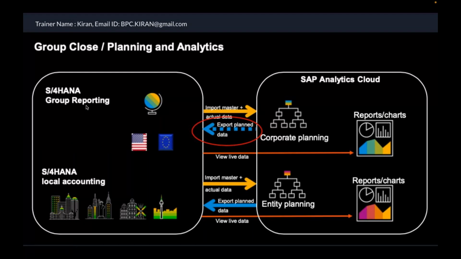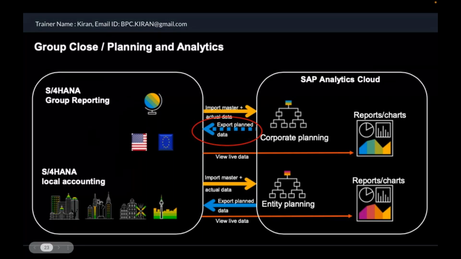Using group reporting, I can do the actual data consolidation. I can also perform plan data consolidation. In my universal journal ACDOCA table, I have actual data. I can release that actual data to group reporting and perform my consolidations.